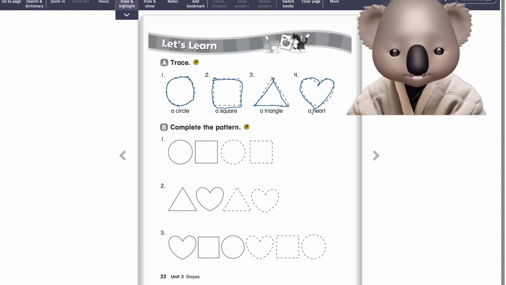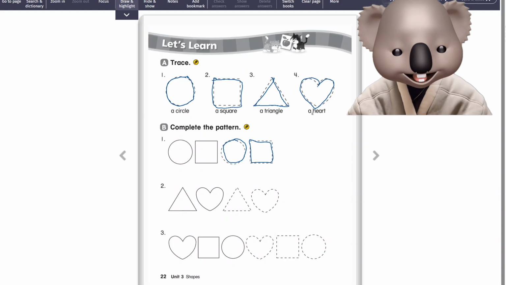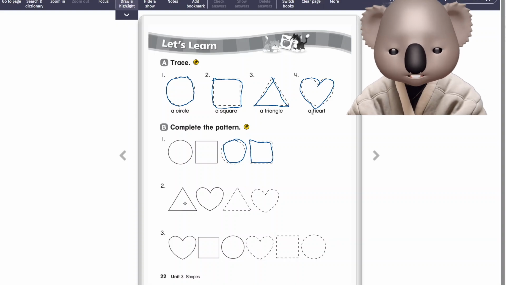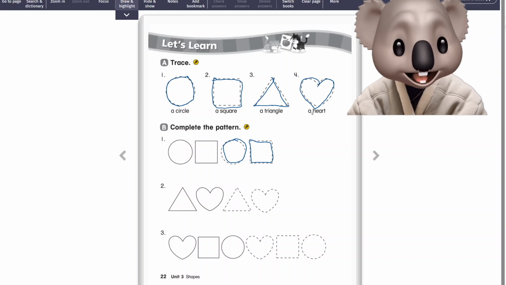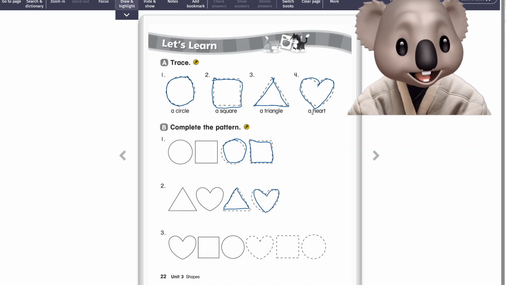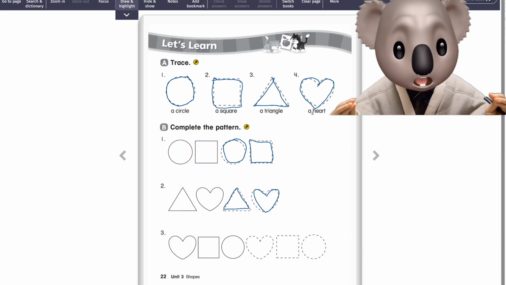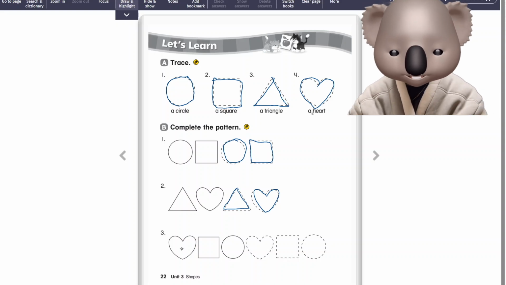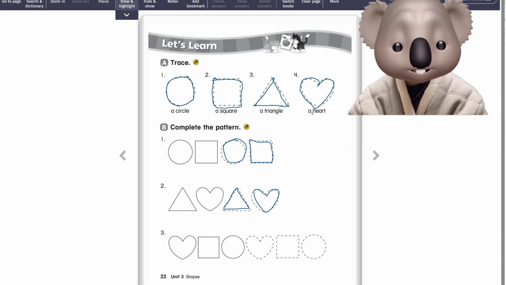We have circle, square, circle, square. In number 2, we have triangle, heart. Triangle, heart. Let's trace. In our last one, this one is very long. We have heart, square, circle.